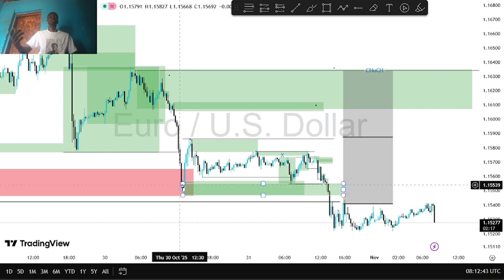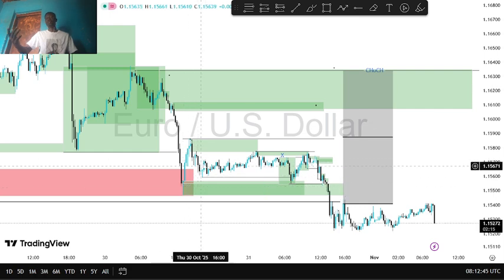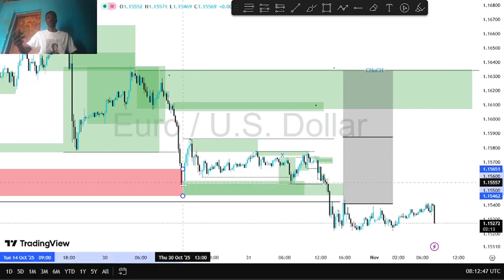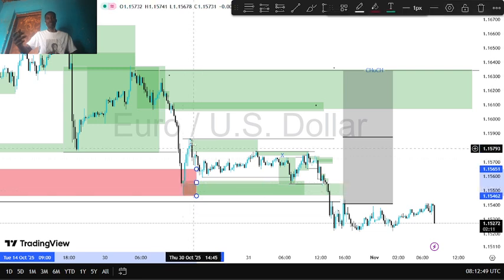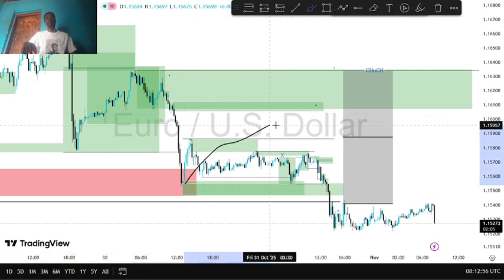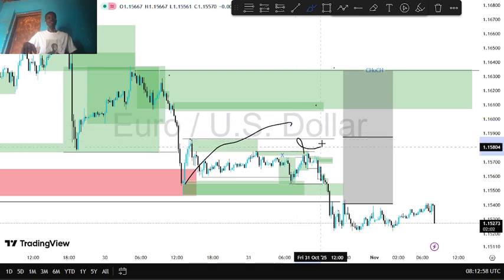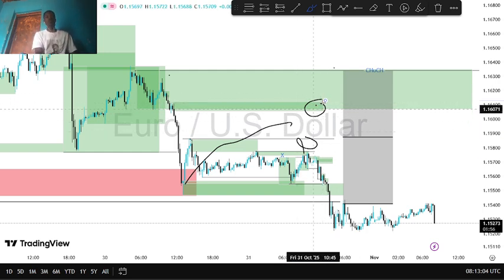If we're expecting the pullback, then this demand has to hold as it is holding, as it moves this impulsively. If it is going to hold, then we expect price to pull back into at least EQ or into this zone, because I was willing to sell mainly from this area.